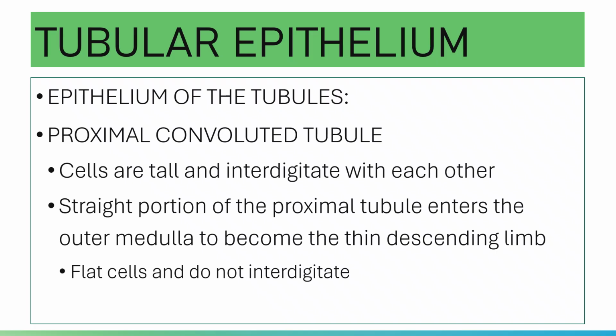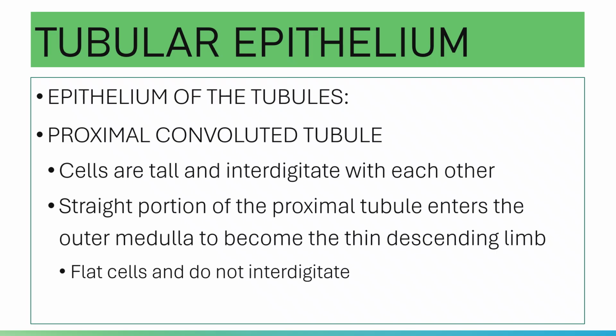Since your PCT has numerous mitochondria, it has a high metabolic activity, and also they have abundant enzymes that are necessary for transport of various solutes.